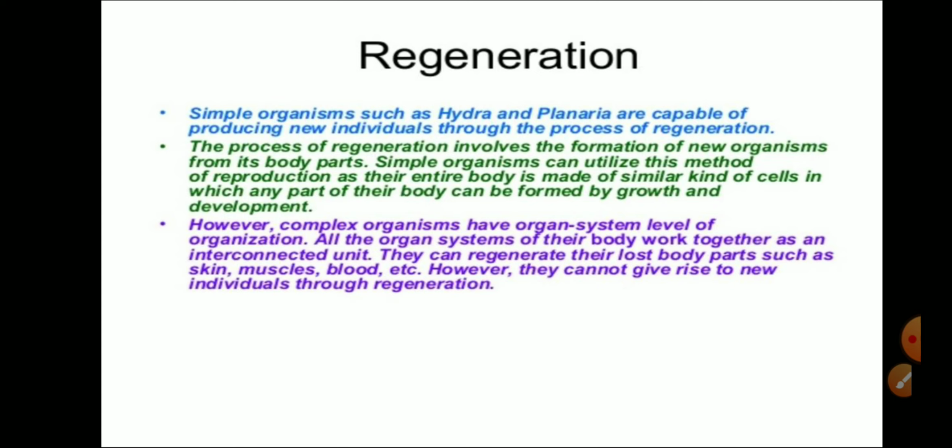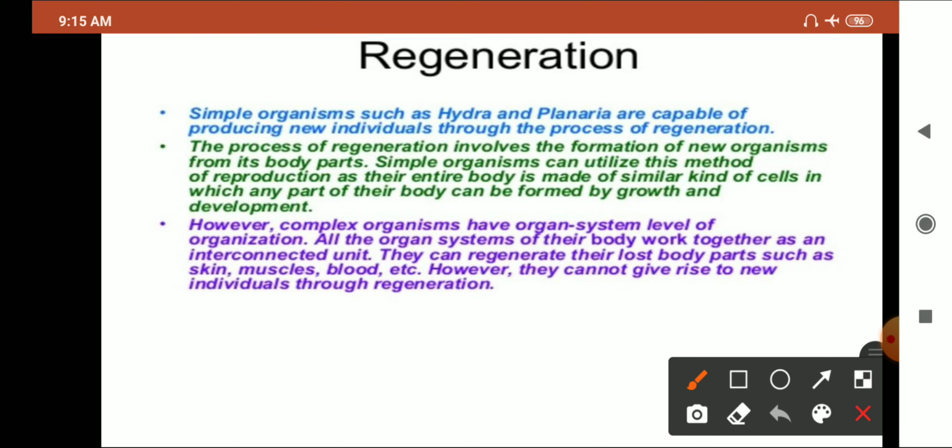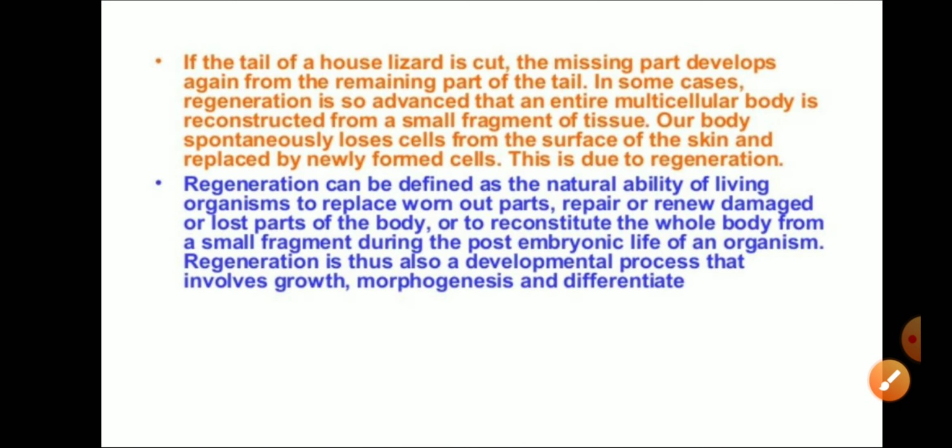Simple organisms utilize this method to develop the complete body, while complex multicellular organisms which have organ system level of body organization are able to develop the lost part of their body. For example, muscles, skin. You might have heard about the house lizard which sometimes loses its tail, and the tail regenerates again. Similar goes with the starfish also.